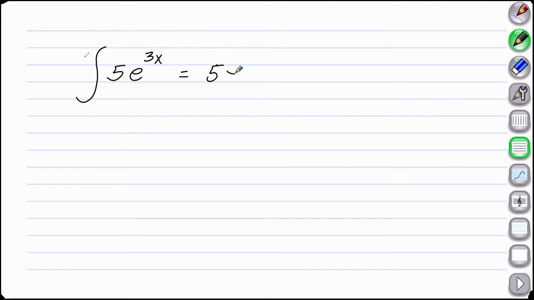And this is going to be e to the 3x over 3. Let's see. And if you want to put the line under the whole thing, then it's fine. You can do it like that. Or you could write it like this. You know, sometimes they write it this way. They both mean the same thing.